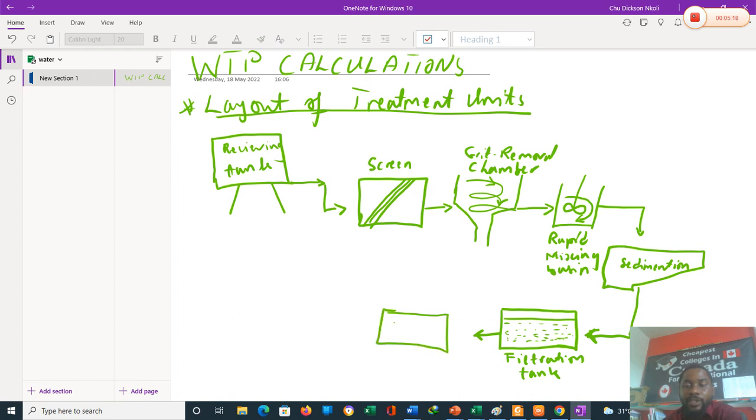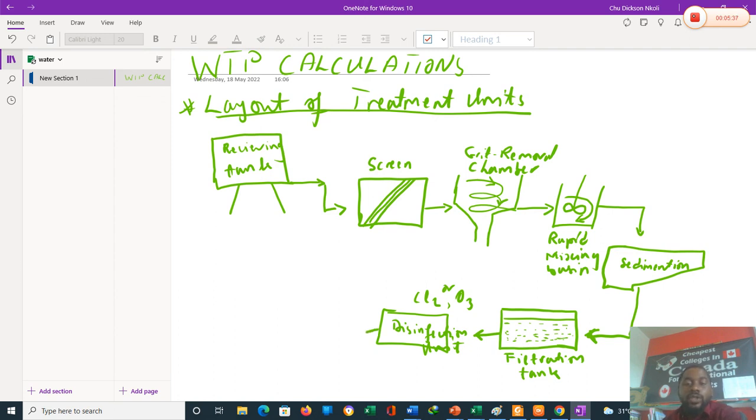And lastly, we get to the disinfection unit. Here, with the addition of chlorine or ozone, and you can choose.